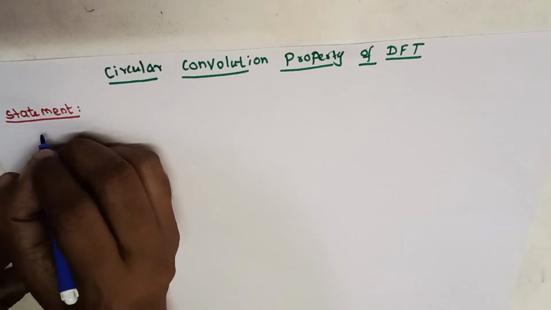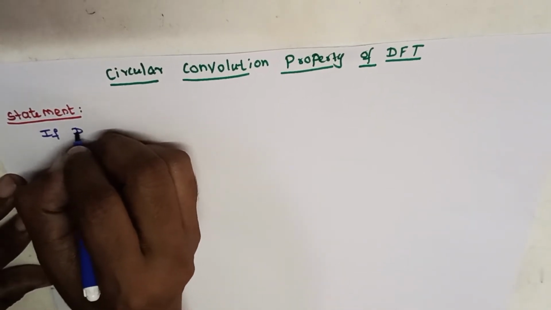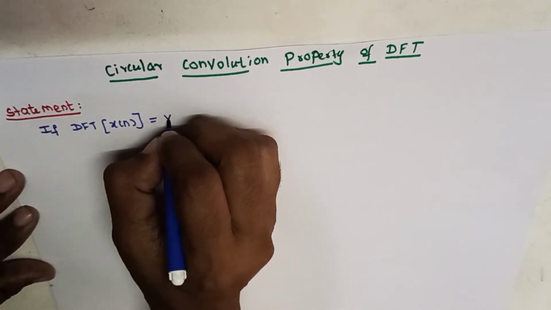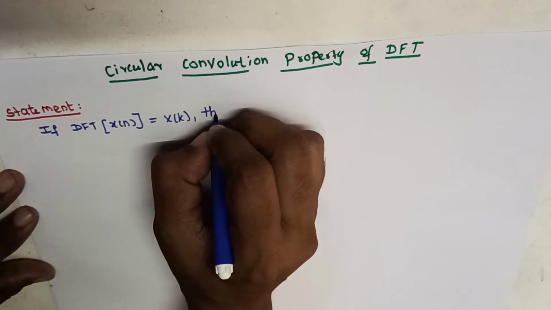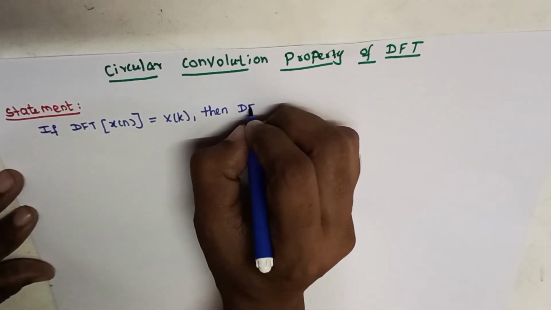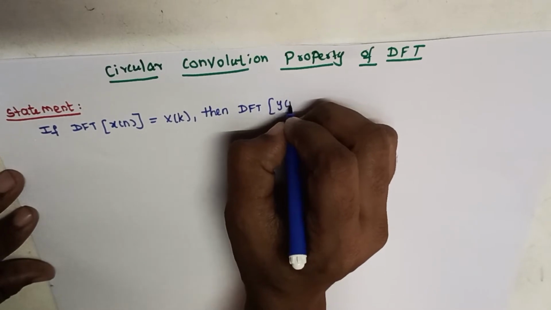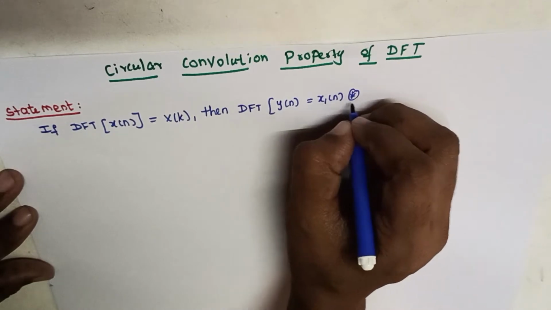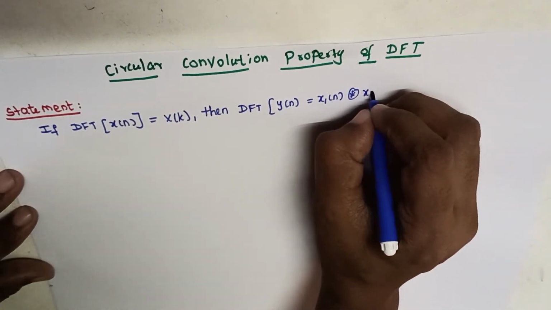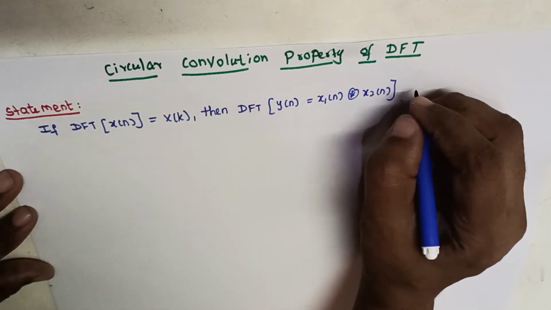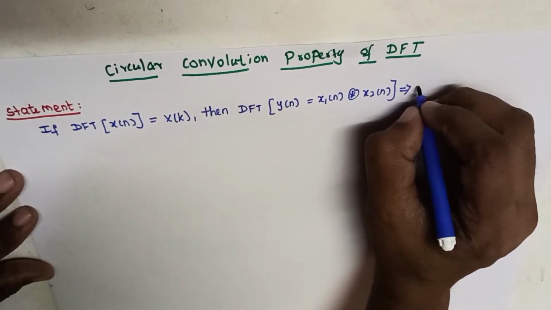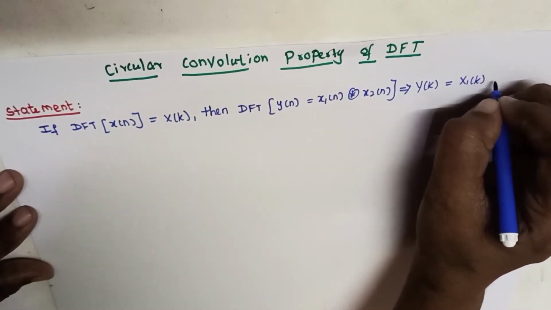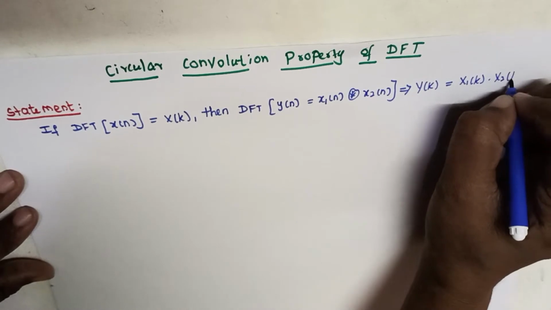It states that if DFT of x of n is x of k, then DFT of y of n, which is equal to x1 of n circular convoluted with x2 of n, will be equal to y of k, which is x1 of k into x2 of k.